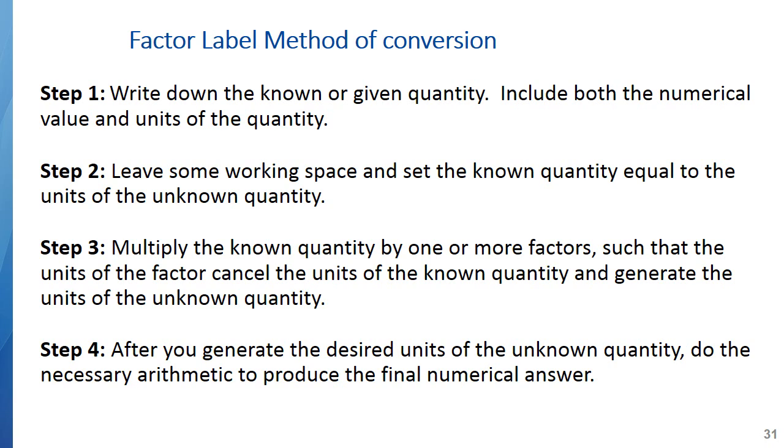Make sure that you put the units of the quantity you already know on the bottom so they cancel, and the units that you're trying to find on the top. And then after you have these, you do all the arithmetic to produce the final answer. So multiply by anything in the numerator, divide by anything in the denominator.